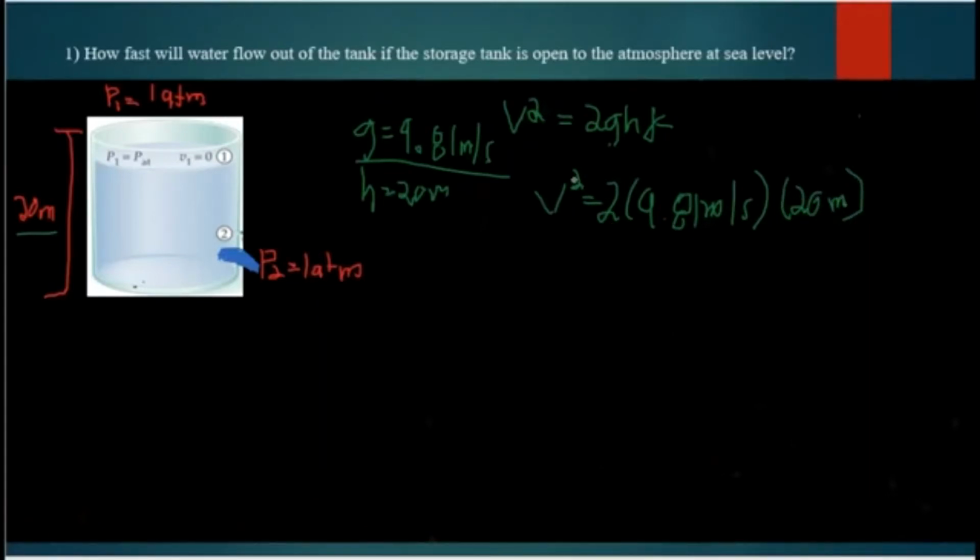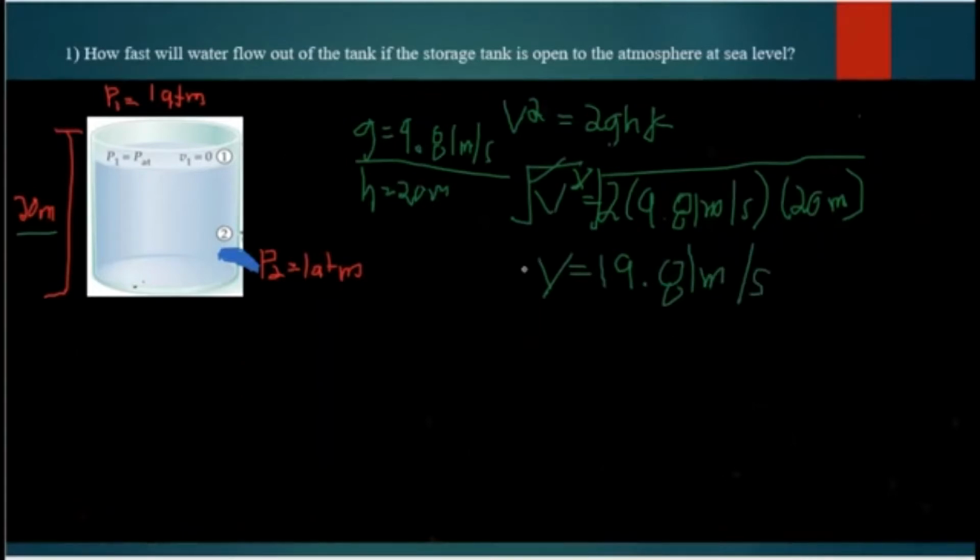So v squared has a number 2 here, so we'll square root both sides to cancel that. So now the final answer would be 19.81 meter per second. This is the answer.